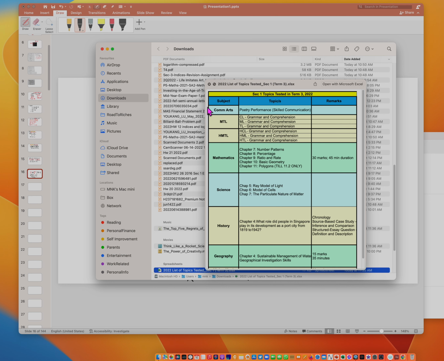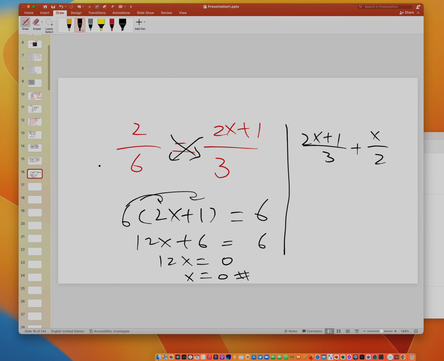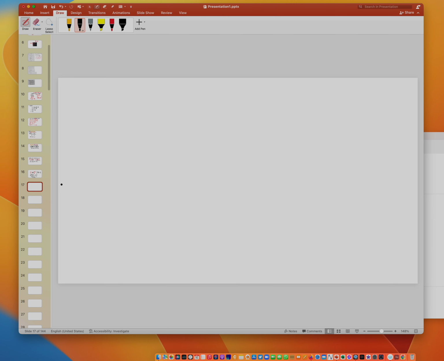Okay, good. So I think it's good that we talk about polygon today. And this question is about polygon. Okay, good. So something new today. Very good. So first thing first, I think we have learned triangles, right?